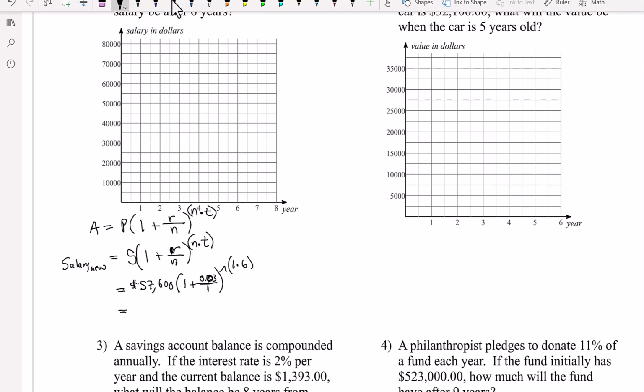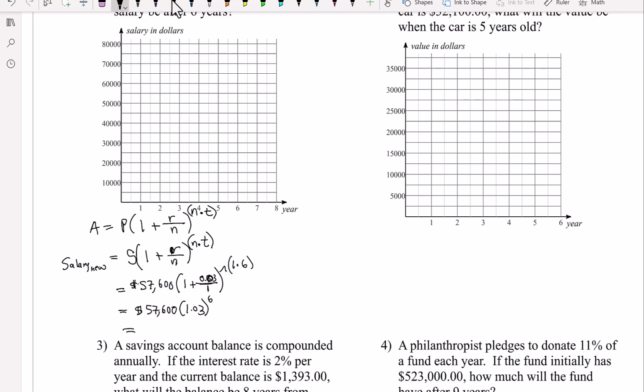Okay? So 1 plus 0.03 is just 1.03. And then 1 times 6 is 6. And you put it in the calculator just like that. If you want to try to do it by hand, have at it.